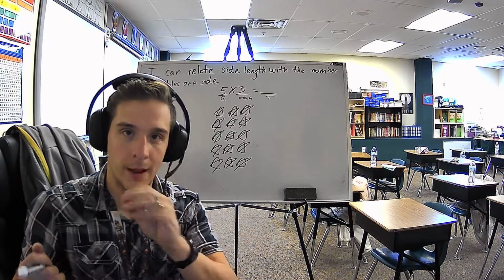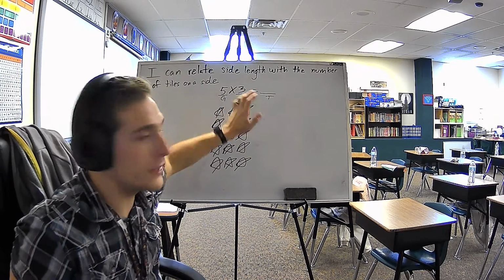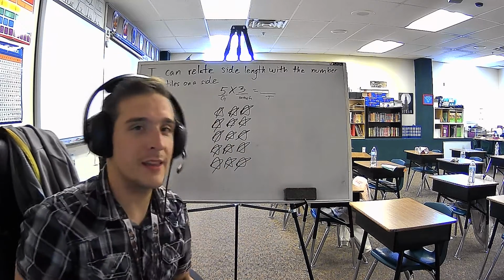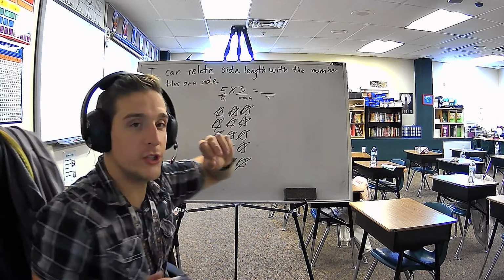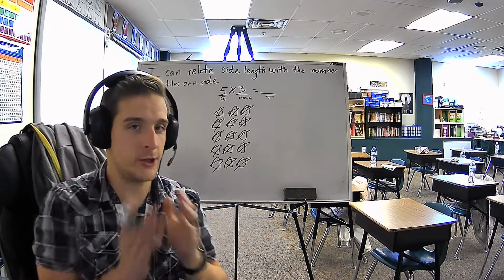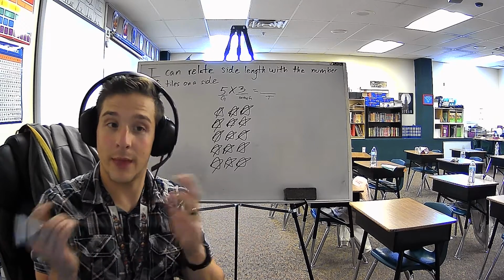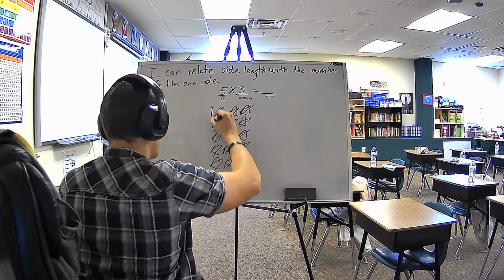Now, imagine this. Instead of saying I have 5 bags of Skittles and there's 3 Skittles in each bag, what if I said this? You have a shape, and your shape is 5 inches tall and 3 inches wide. What's the area? You'd literally do the exact same thing.